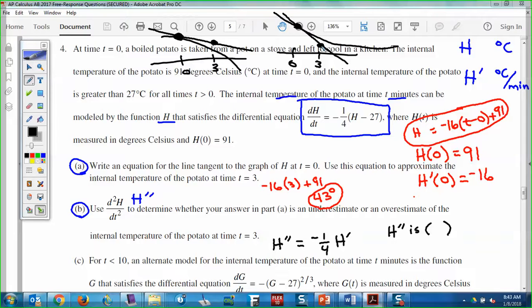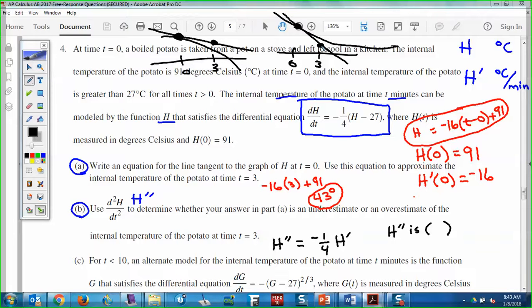Well, I've kind of led you into part B now, haven't I? Part B said, use h double prime to determine whether your answer in part A is an over or underestimate. Well, see the two examples I just gave you? If our tangent line is up here, then our estimate is an overestimate of the temperature.